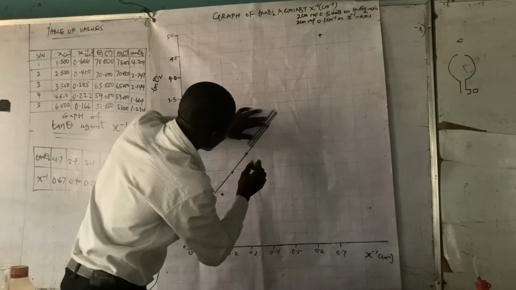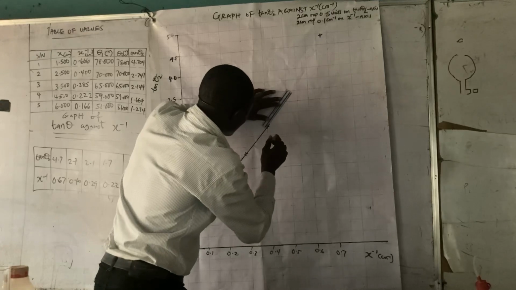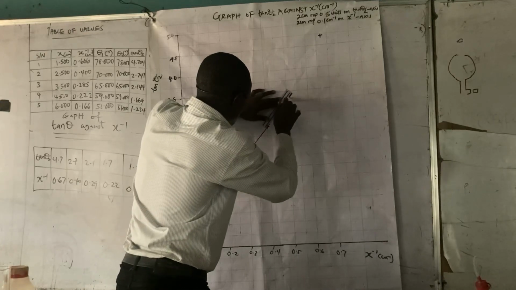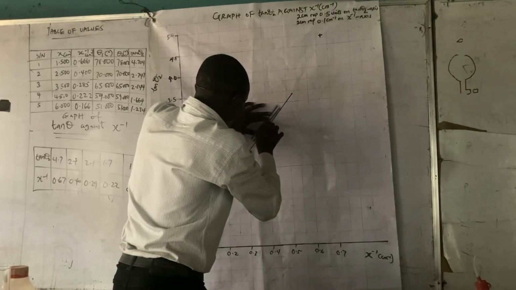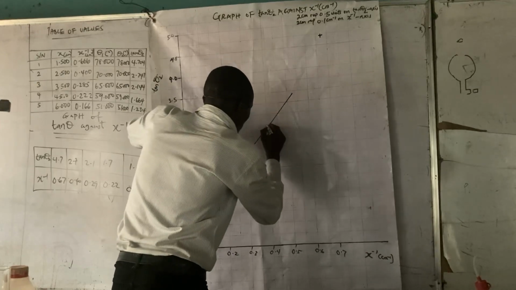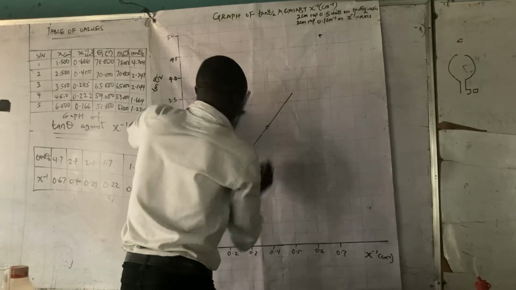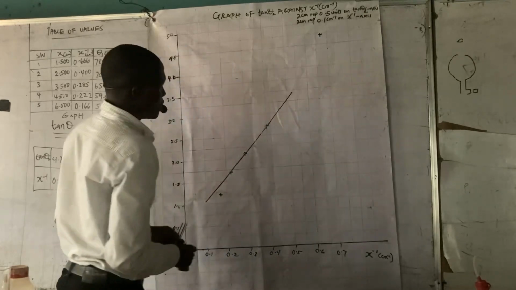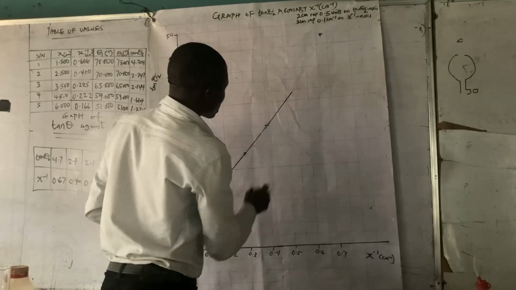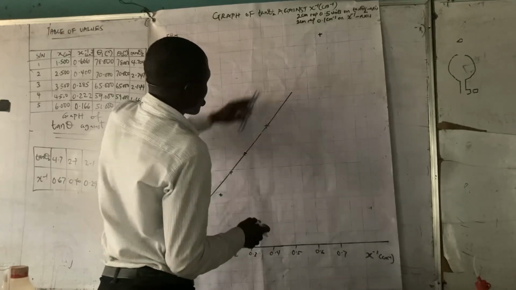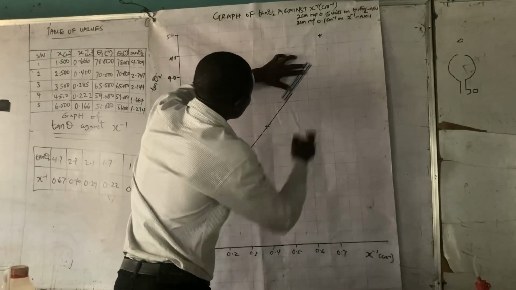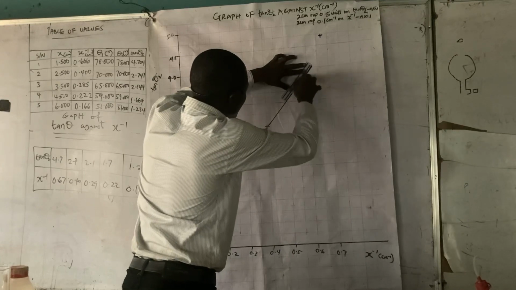So this is my slope now. I won't be able to draw the long line as I used to because of the ruler I'm using, but I will try.